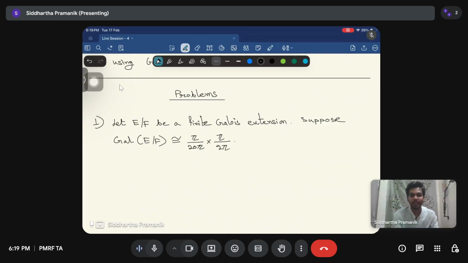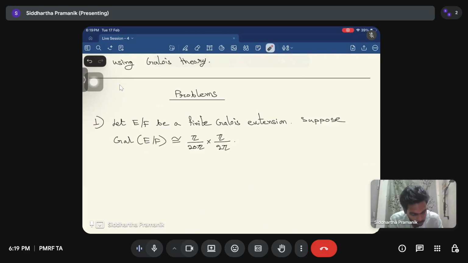So we are given a Galois extension whose Galois group is isomorphic with Z mod 20Z cross Z mod 2Z.